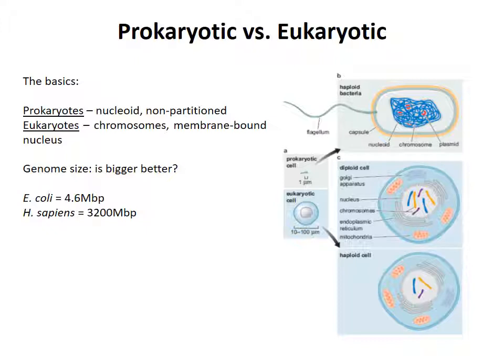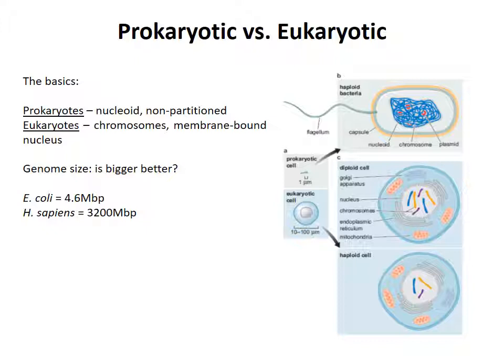If we look at two very important organisms in biology, E. coli and Homo sapiens, us, and the size of the genomes: 4.6 megabases for E. coli versus 3,200 megabases for Homo sapiens. No great surprises there. It seems obvious that we would need a much larger genome in order to generate such a complex multicellular organism as humans.